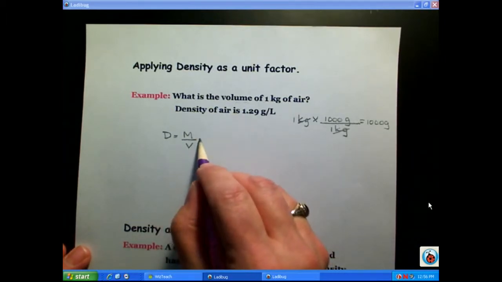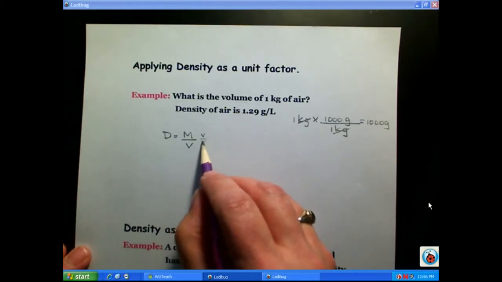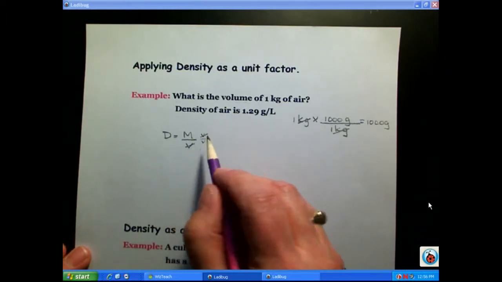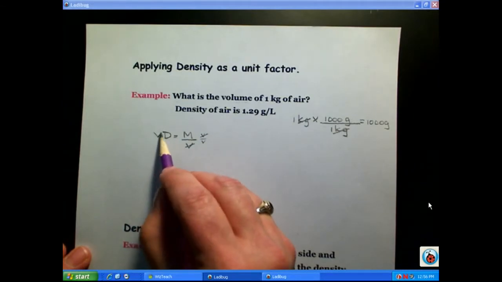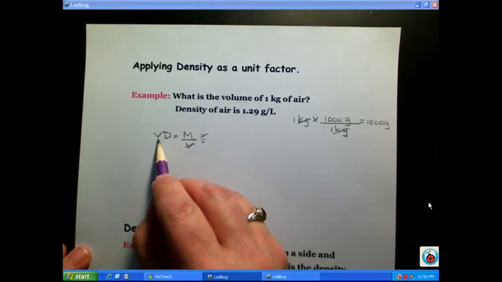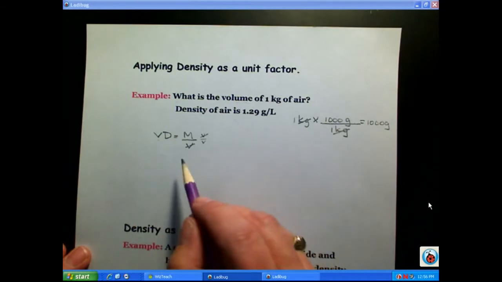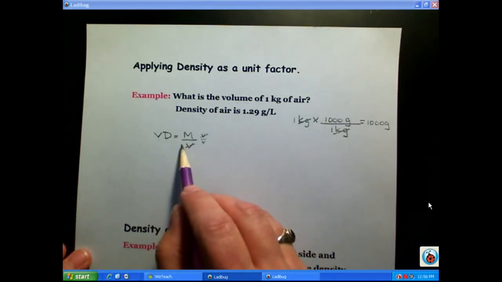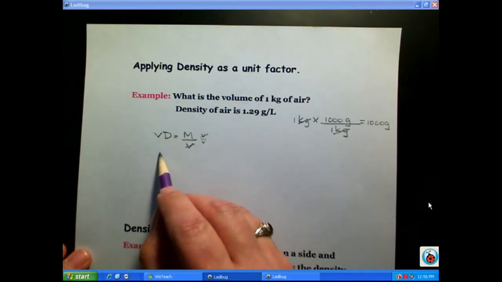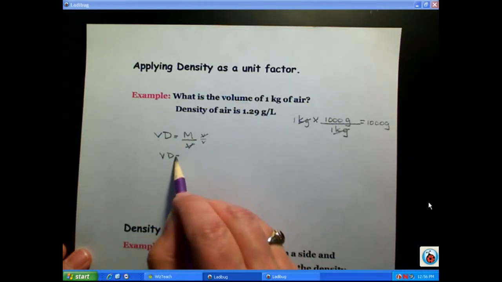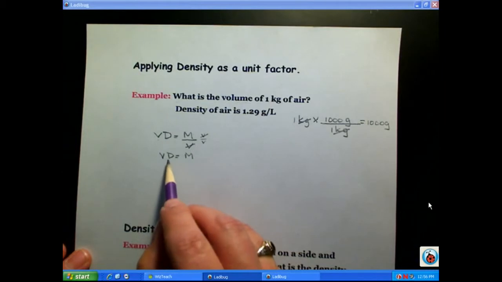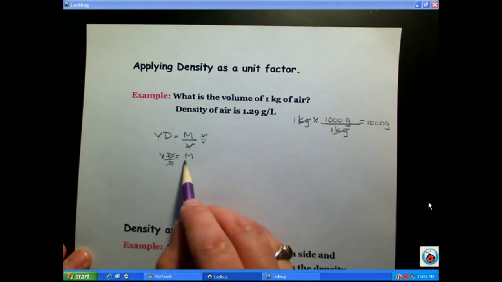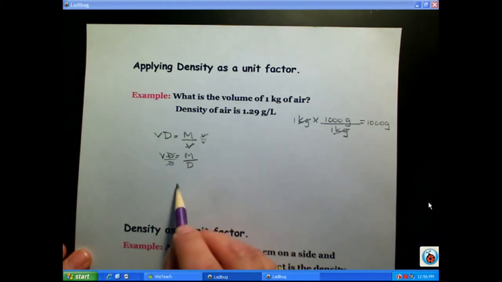If we multiply both sides by V, the V's cancel, and you'll have V over on this side. This is algebra, and it's just showing you how to rearrange the formula. So now we have V times D is equal to M. If we divide both sides by D, we remove it from this side and put it over on this side.